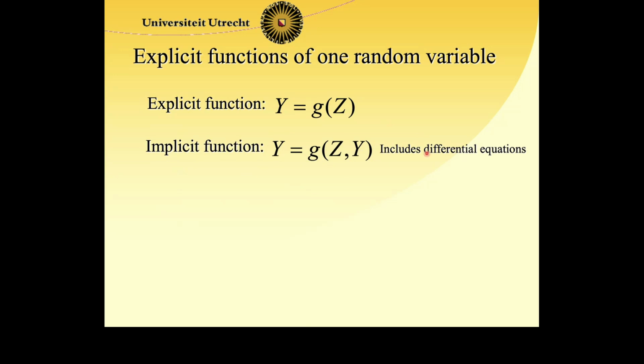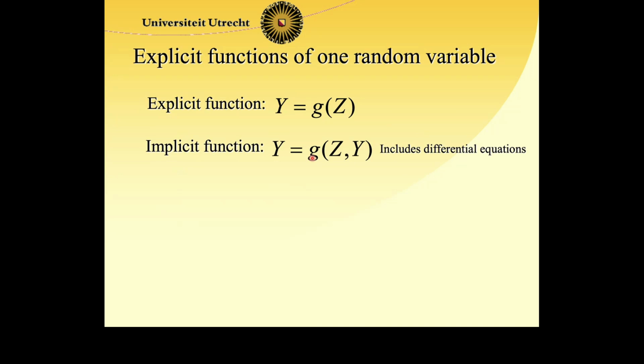So I either have to iterate to get y, or that's also the case in case of a differential equation, of course. If it's not solved, you don't have an explicit relationship between y and z. It's on both sides of the equation. So that's what I mean.